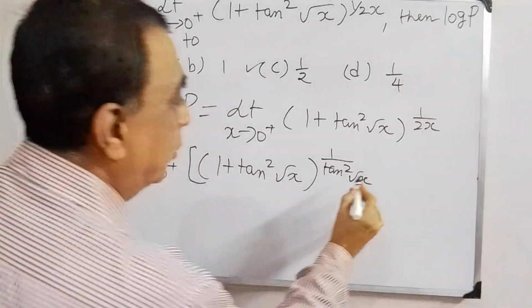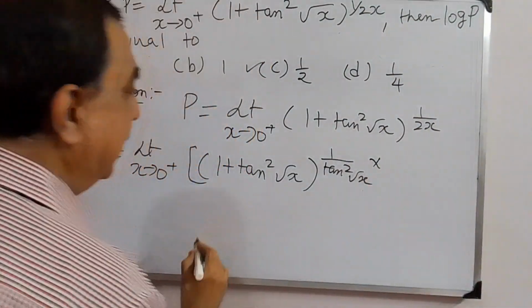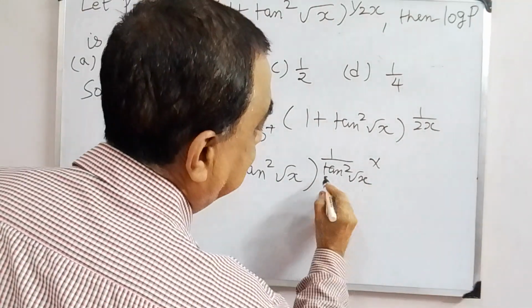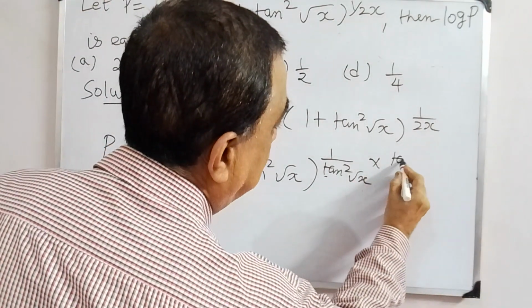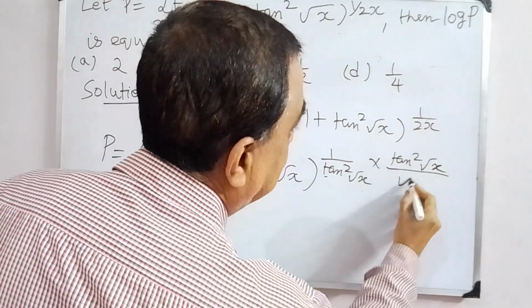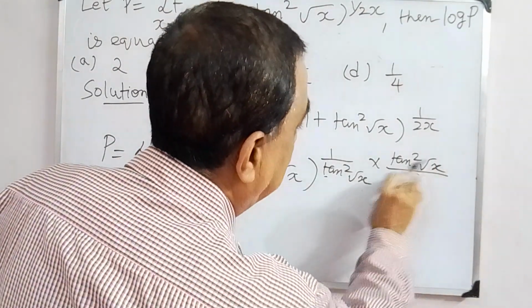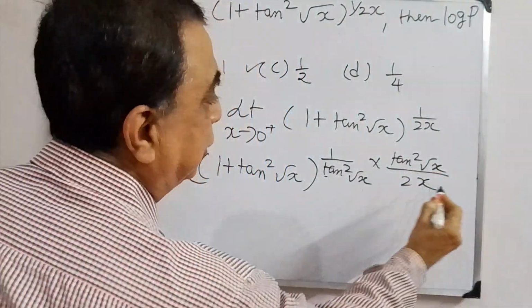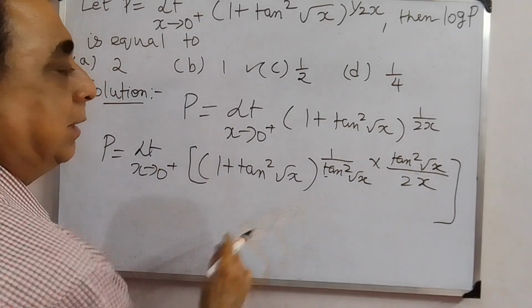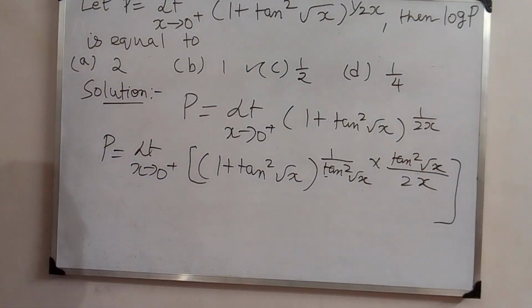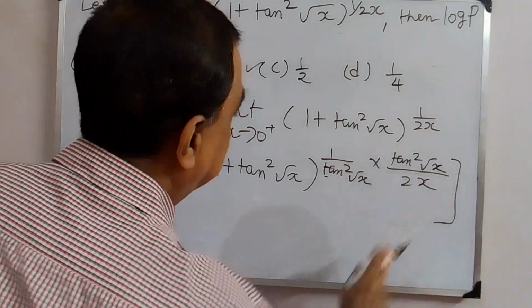Since I have divided by this, I also have to multiply to make it equal. So I have to multiply with 10 square root x.